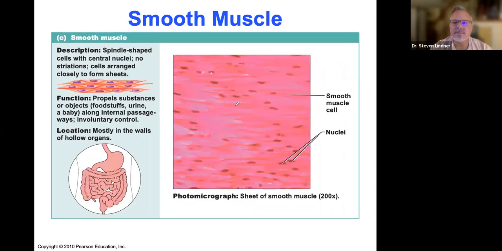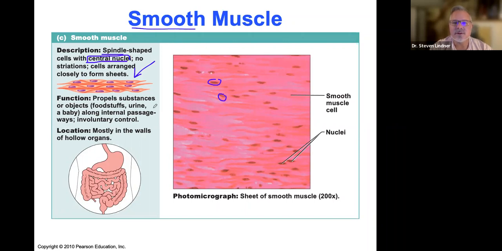When we look at smooth muscle, these are spindle shaped, as we can see here. I'm sorry, you can see the nuclei here, centrally located, but they don't have striations, which is why we call it smooth muscle.